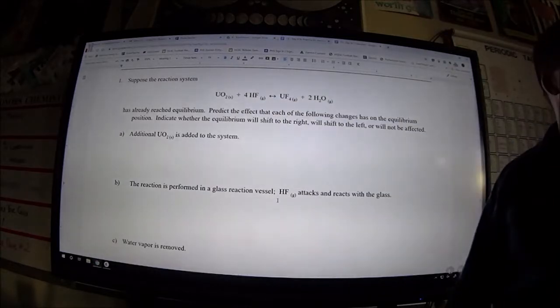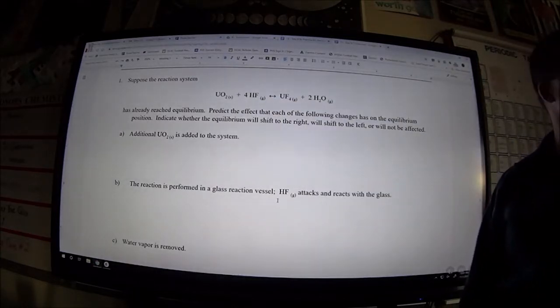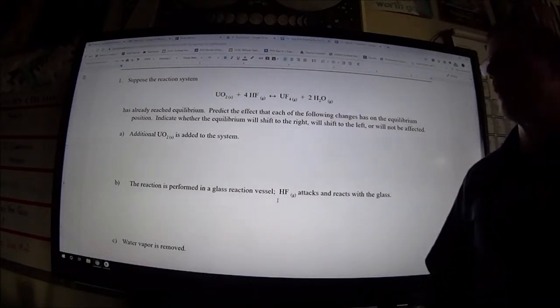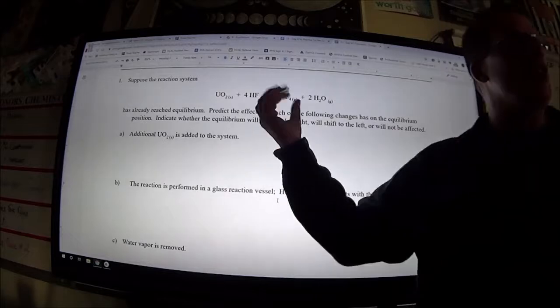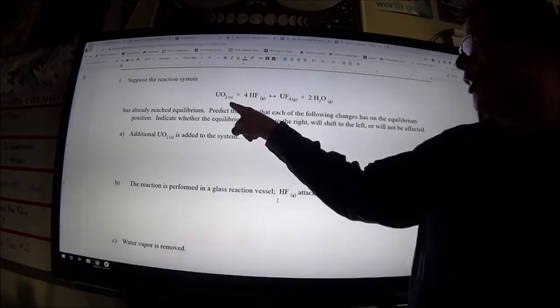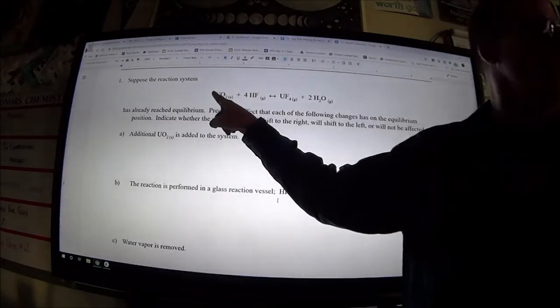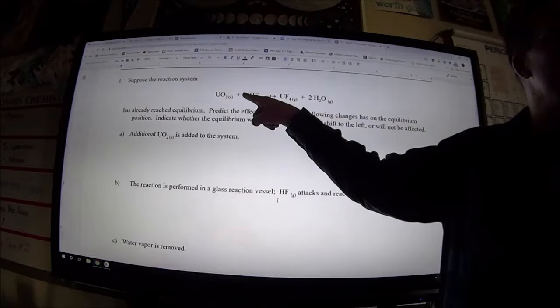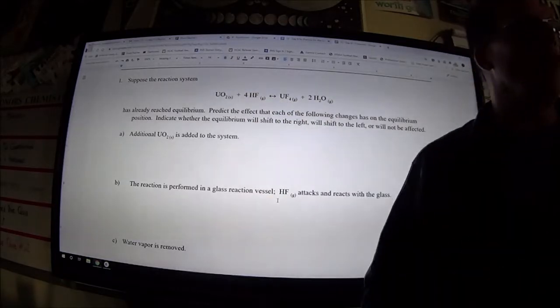K will not change unless temperature changes. What's going to happen is we take some of that concentration out, and as a result this shifts in that direction, causing the formation of more of this, which we don't really care about because it's a solid, but it's going to drop these down and bring this back up, so the ratios will be the same.